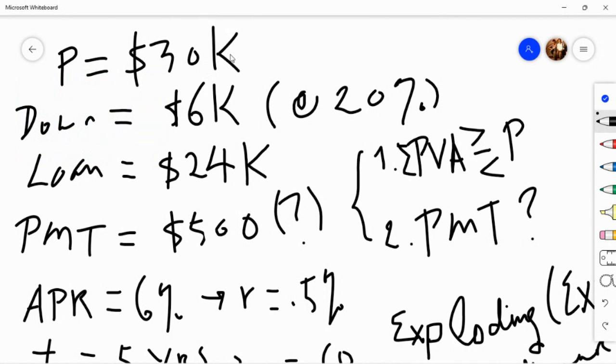The price of the car is 30K, and you make a down payment of 6K, which is a 20% down payment. So then the difference, 24K, is the loan, right?